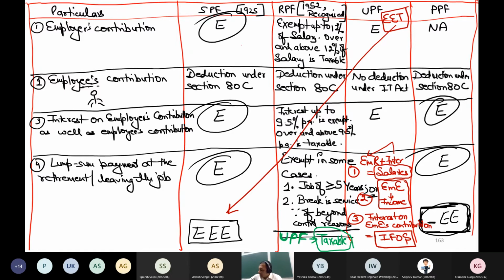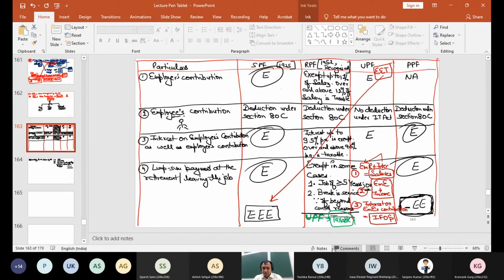Please raise your hand if this point is clear. Otherwise, ask me the doubt. You need to learn this theory. I will discuss with you a numerical question now. But if you have understood this tax treatment, please ask me the doubt.